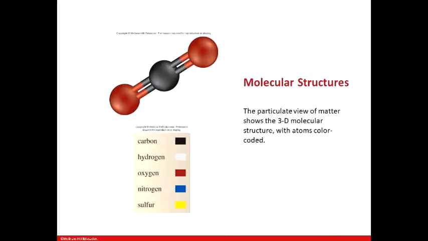So the color code is magic, except that it's defined. Okay, I am not asking you to necessarily memorize the color code, but I am asking you to recognize that when you see it, in this particular example, we have two units of the same atom and one of a different atom. And when we check the color code, we notice that the red is for oxygen and the black is for carbon.